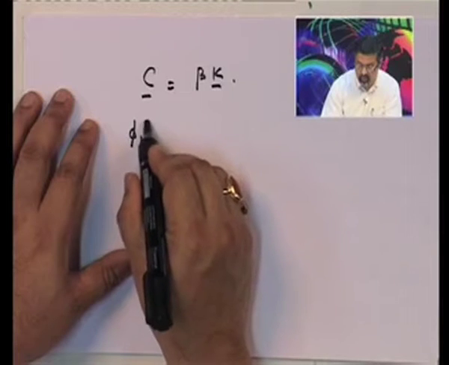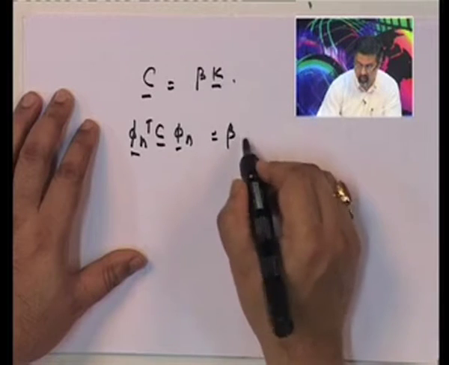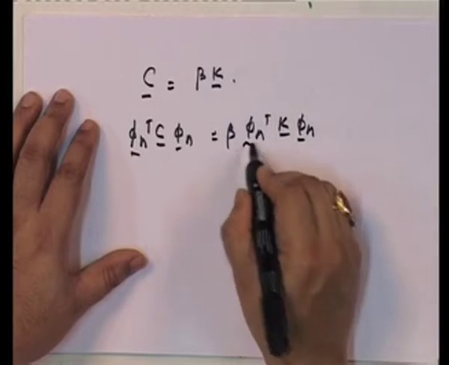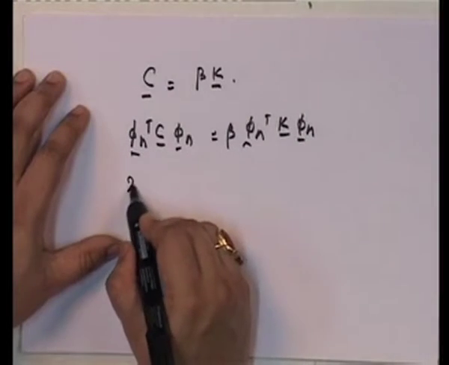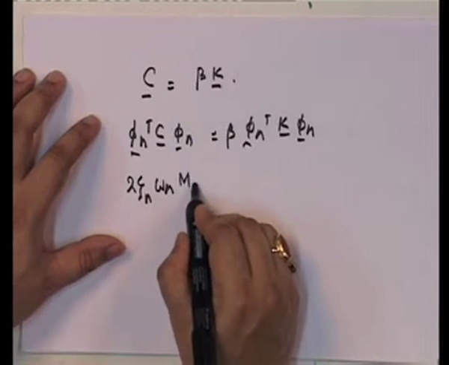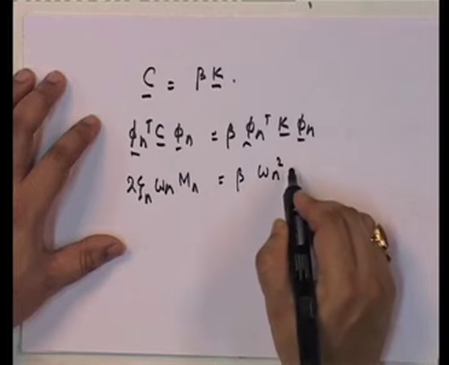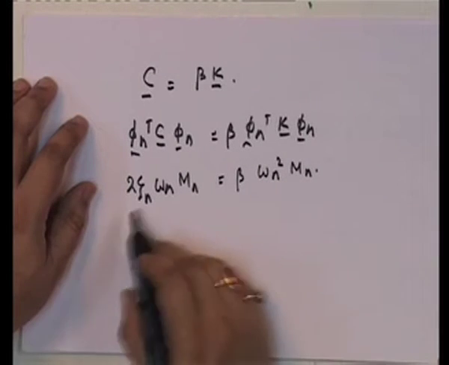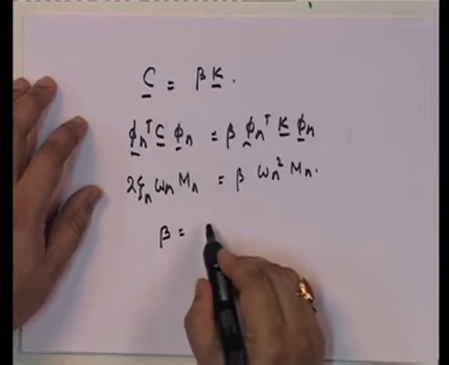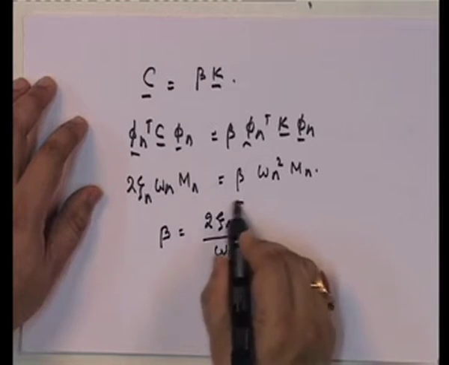This is pre-multiplied and post-multiplied by phi n, so this becomes phi n transpose k phi n, and by definition this is 2 xi n omega n m n, equal to beta times, and what is this? This is equal to omega n squared m n. So, m n cancels out, and what do I get? I get beta is equal to 2 xi n upon omega n.